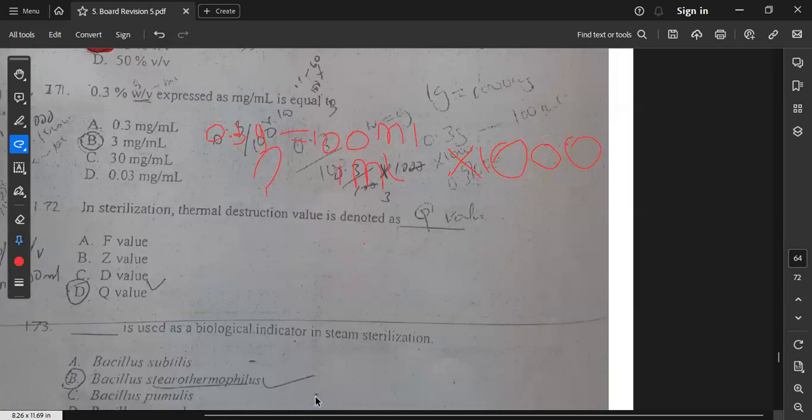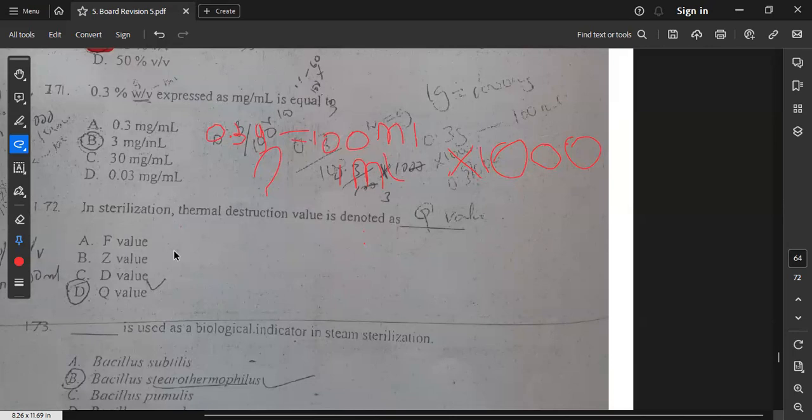Okay, we are told the answer is Q. Thermal destruction value is denoted as Q value. I also wanted to ask the same. What do the other values mean?